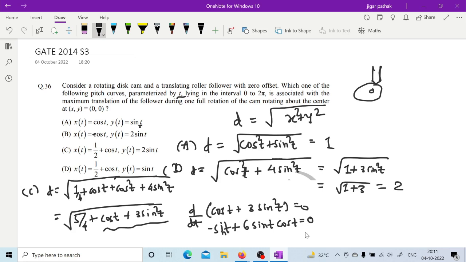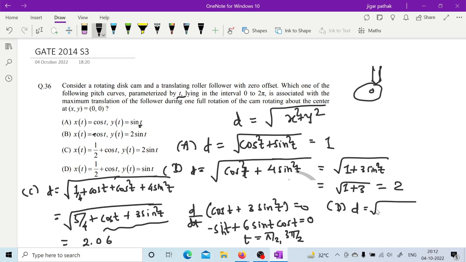So from this you will find that t equals pi by 2 or 3 pi by 2. So when t is equal to pi by 2 and 3 pi by 2, you will get this as 2.06.